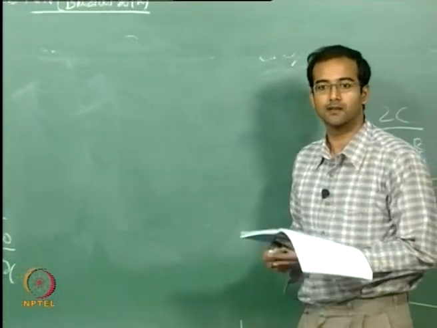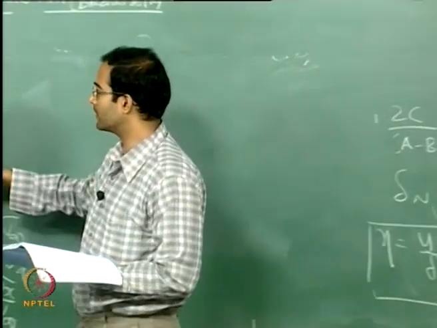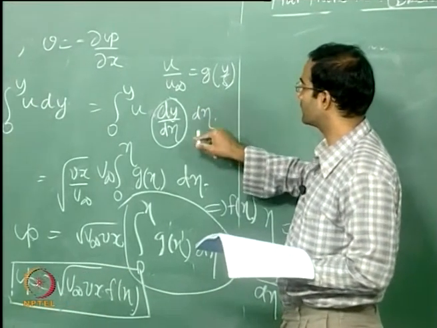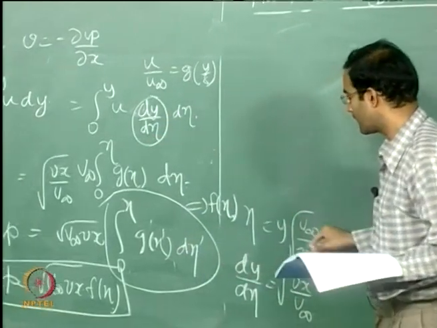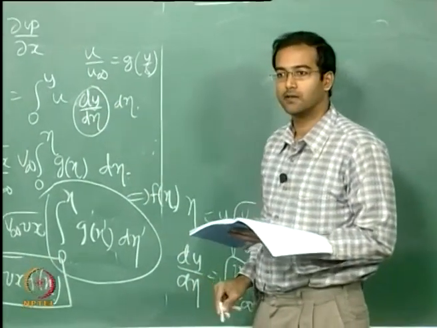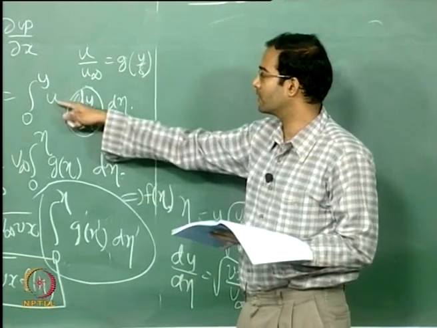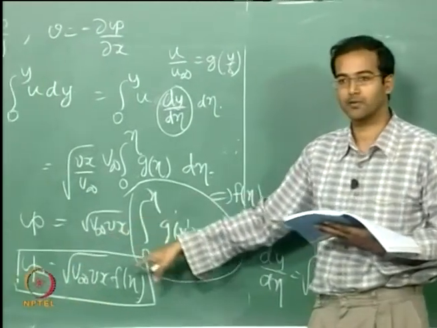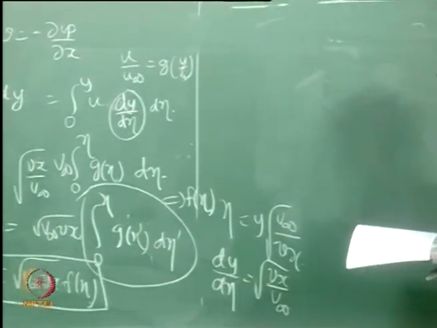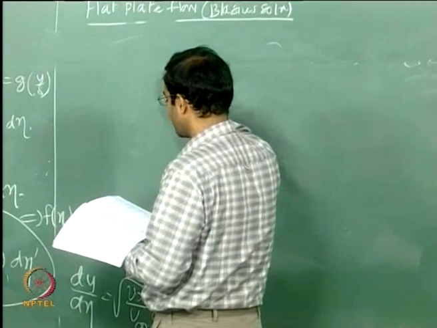Is it clear? So all I am doing is transforming from y to eta. I already know the relationship between eta and y, so I substitute for dy by d eta, and I already know u is a function of eta this way, so I substitute and finally get the relationship between psi and eta. So now first your u.